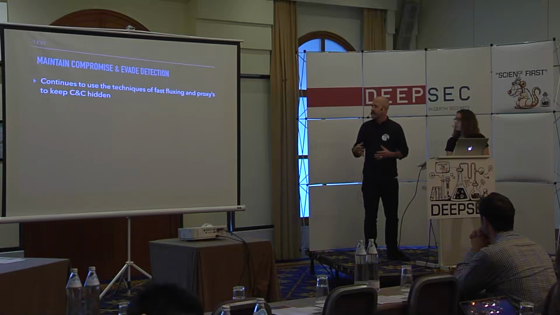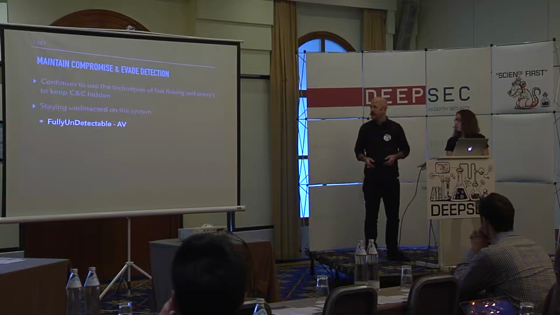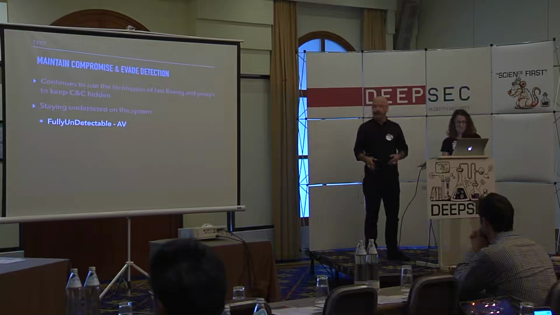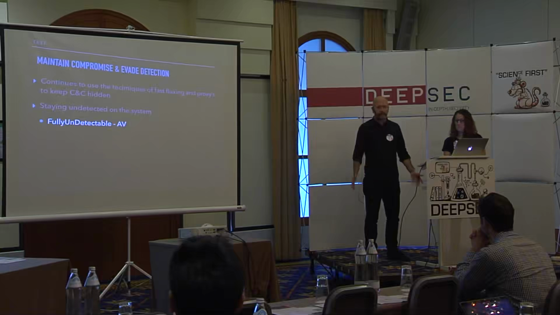They'll continue using the techniques of fast fluxing, with lots of domains being generated and proxies to keep the CNC hidden. They want to stay undetected on the system, which is pretty common, because the longer it can be on there, the more it can be used in the botnet. There's a term, FUD, fully undetectable: the malware creators want to be undetectable by AV.